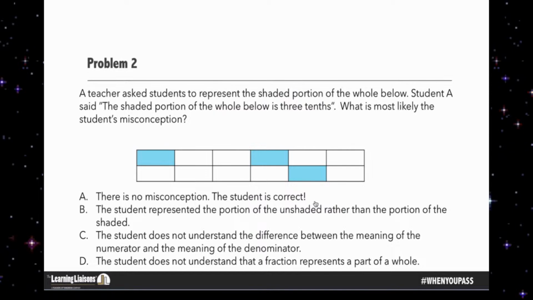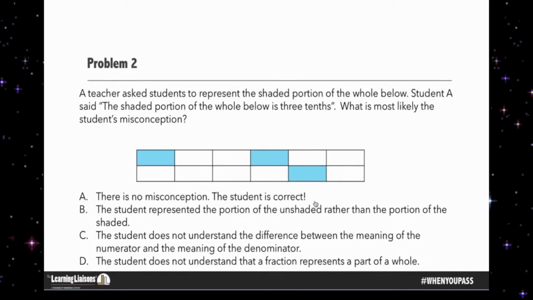A teacher asked students to represent the shaded portion of the whole below. Student A said, the shaded portion of the whole below is 3/10. What is most likely the student's misconception? A, there is no misconception. The student is correct.